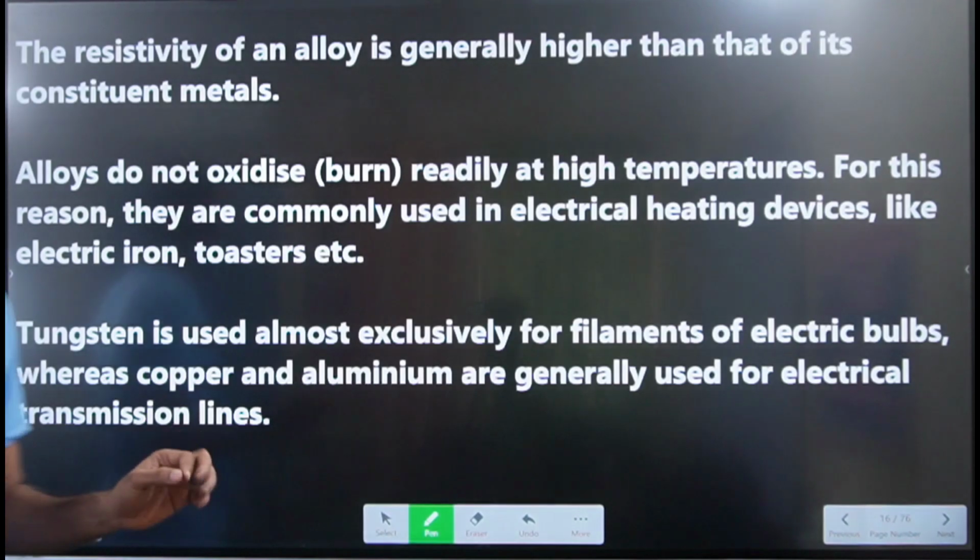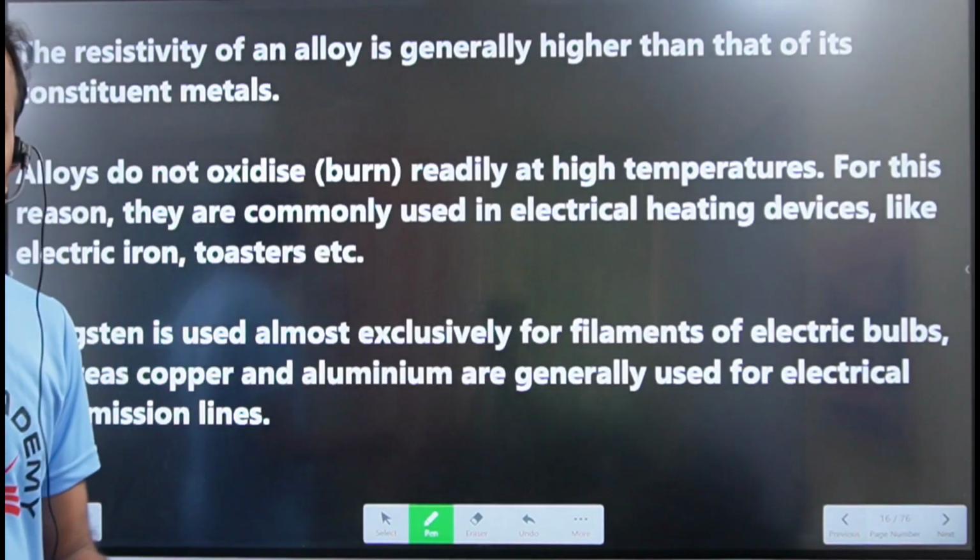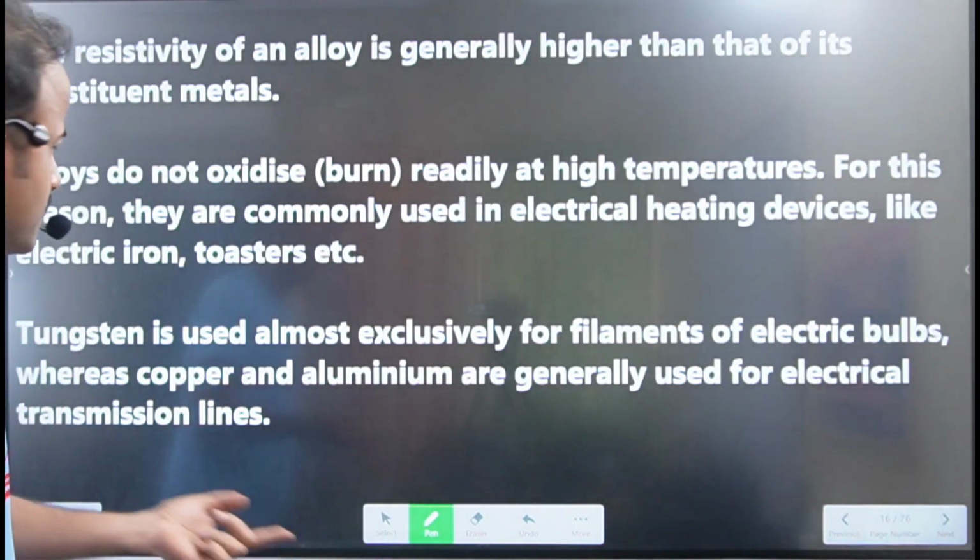Now, why we are using tungsten in filaments అనే క్వశ్చన్ చాలా సార్లు అడిగారు బోర్డ్ ఎగ్జామ్స్ లో.